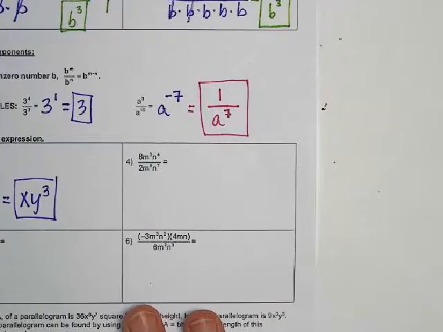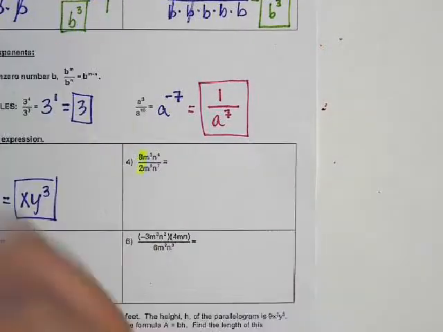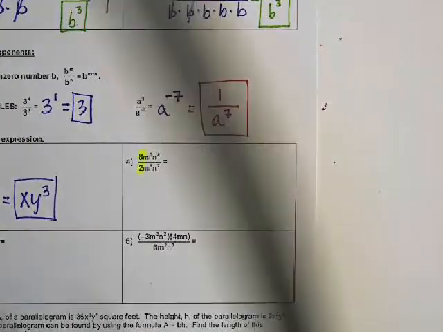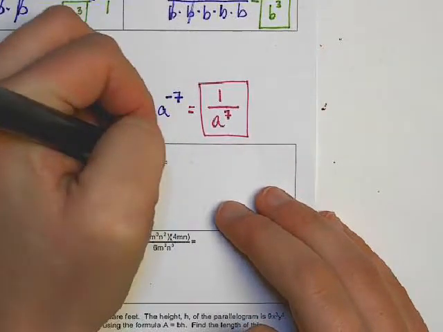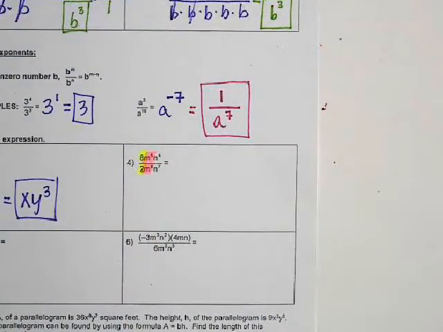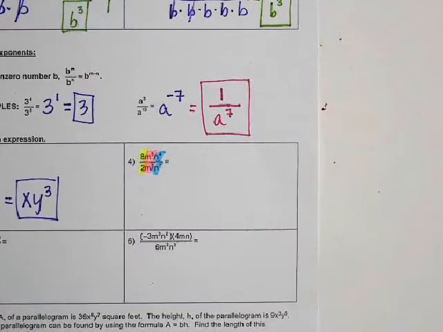Okay, number 4. Now, highlight your big numbers one color. Highlight your M's. Highlight your N's. I should have done this on all of them, but I forgot.